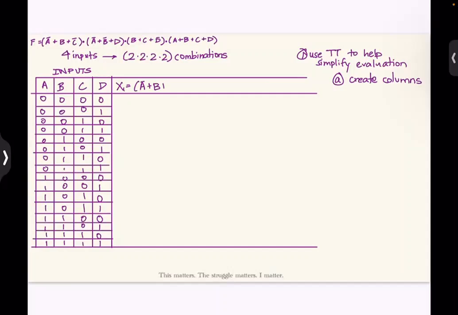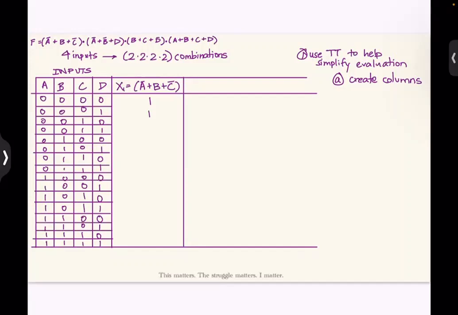First, we are looking at the term x1, which is not A or B or not C. One approach is to go through each row and fill out the values for x1. So say A is 1, and we have not A. That means not 1 is 0.